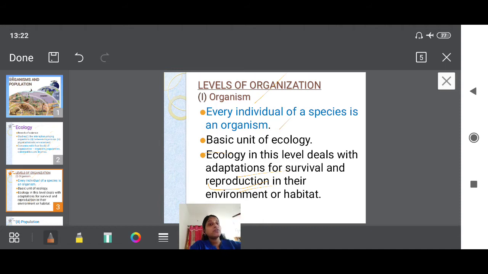It has to be carried from one generation to another, isn't it? So reproduction is needed. How we are adapting so that we can survive, reproduce, and carry on into the next generation without becoming endangered or extinct. That is what the organism level of organization deals with.